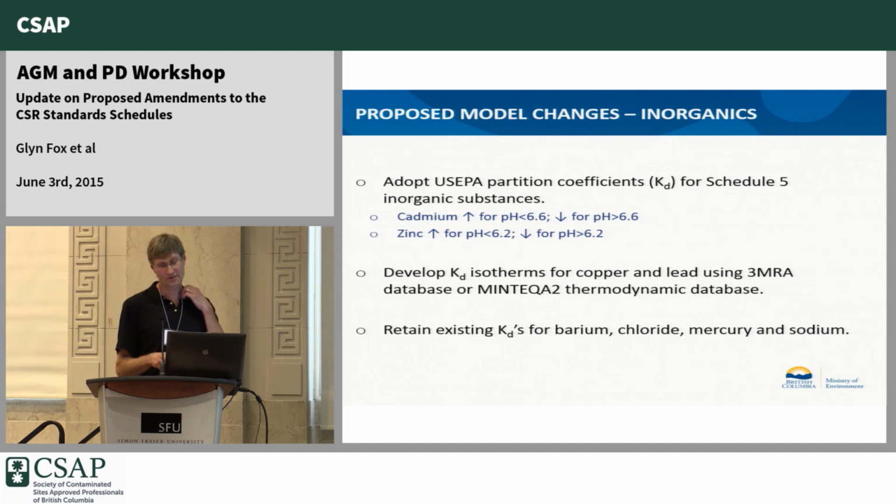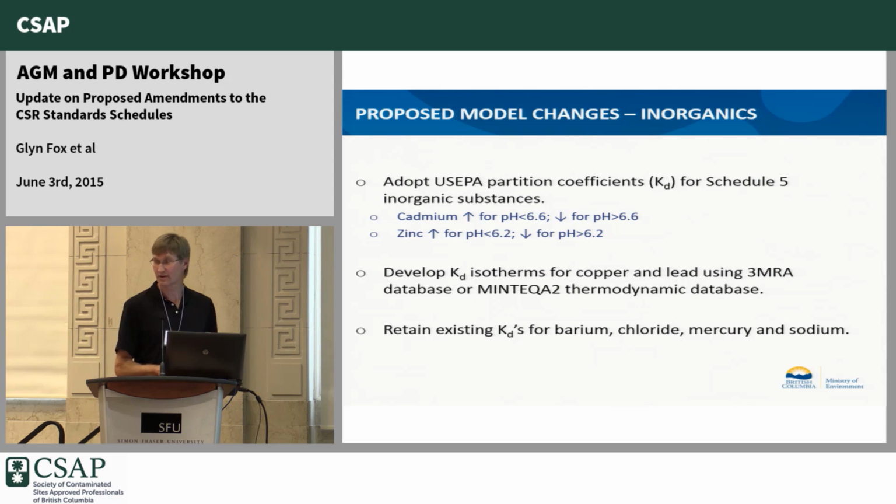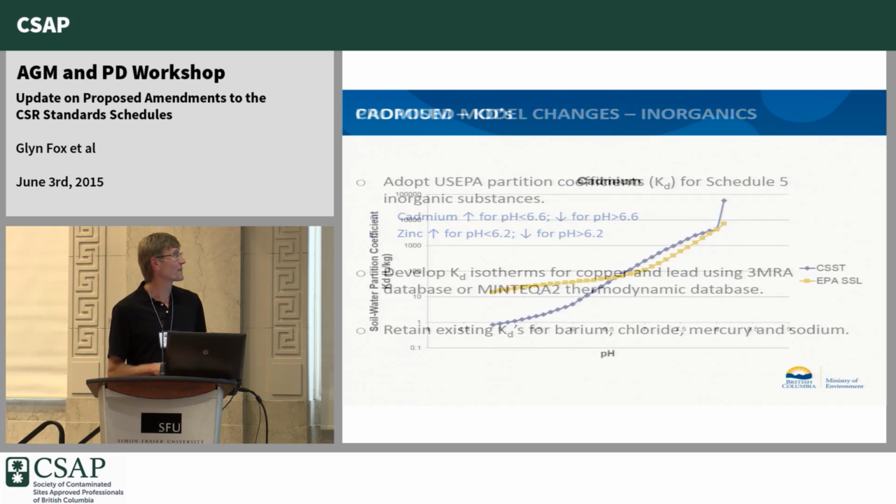If we took CAD values from EPA, depending on the pH range, they could go up or down. Same with zinc. EPA doesn't have KD values for copper and lead, so that's something we would generate. And then we have our own in-house KDs, developed internally for other substances added post-1996, for barium, chloride, mercury, sodium. Those would stay the same.